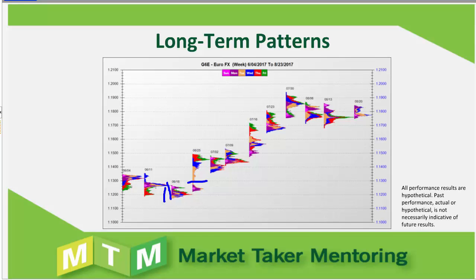Now, after a market sprints, goes through a consolidation phase, 3 weeks in a row, goes above a high volume price, extends higher. So now instead of looking for an average day range, now I'm thinking, oh boy, could this be the start of a trend that could last a week and possibly a month? And that's precisely what happened here with the euro currency, where you had 3 weeks in a row of almost identical value areas or high volume prices, and then the market took off like a banshee for 3 weeks in a row.